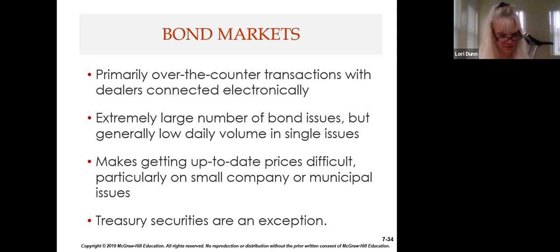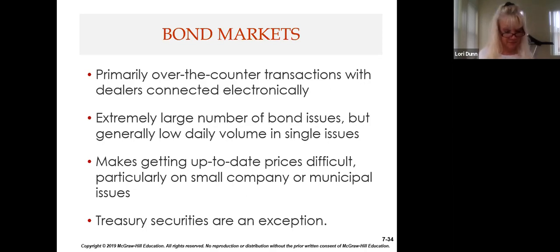Now, for a long time, they weren't required to make bond prices even transparent at all, okay? But over the years, in 2002, new regulations required that the reporting of bond prices become more transparent.